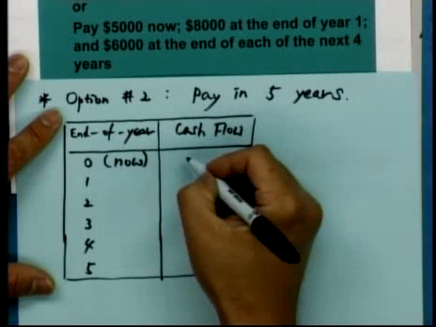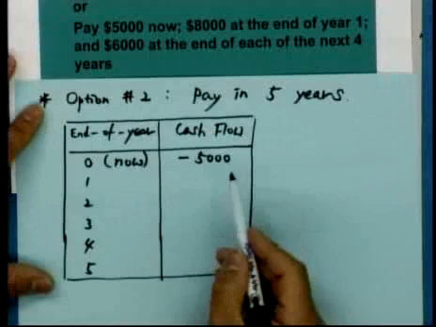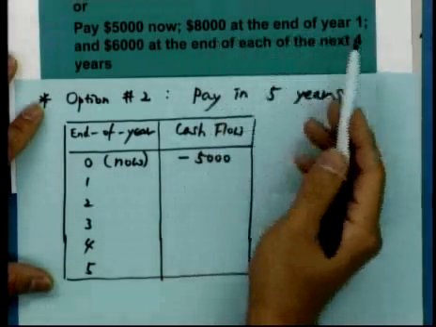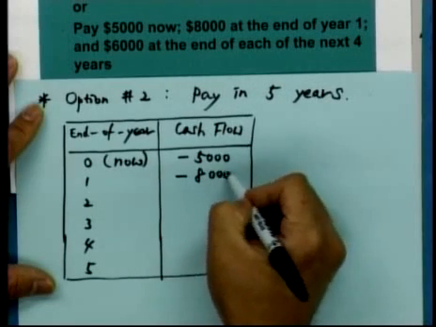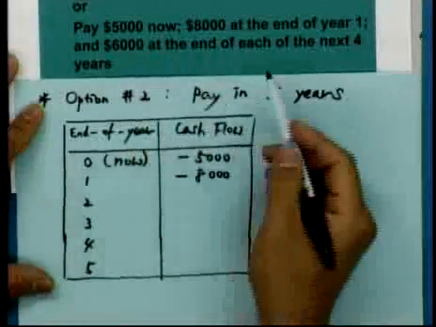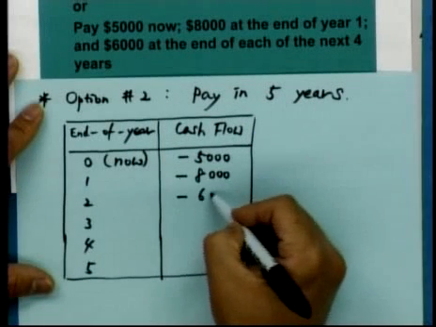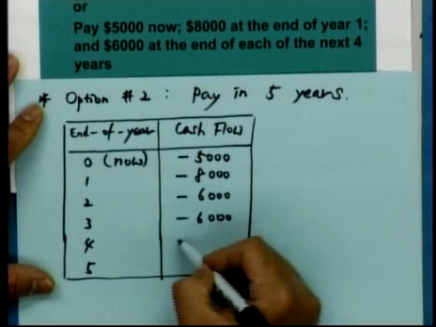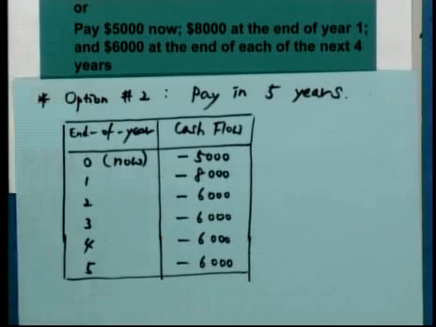So you need to put negative 5,000 at the end of year 0. And then $8,000 at the end of year 1, so you're going to put negative 8,000, and 6,000 at the end of each of the next 4 years, so you're going to put negative 6,000. Like this. Okay?